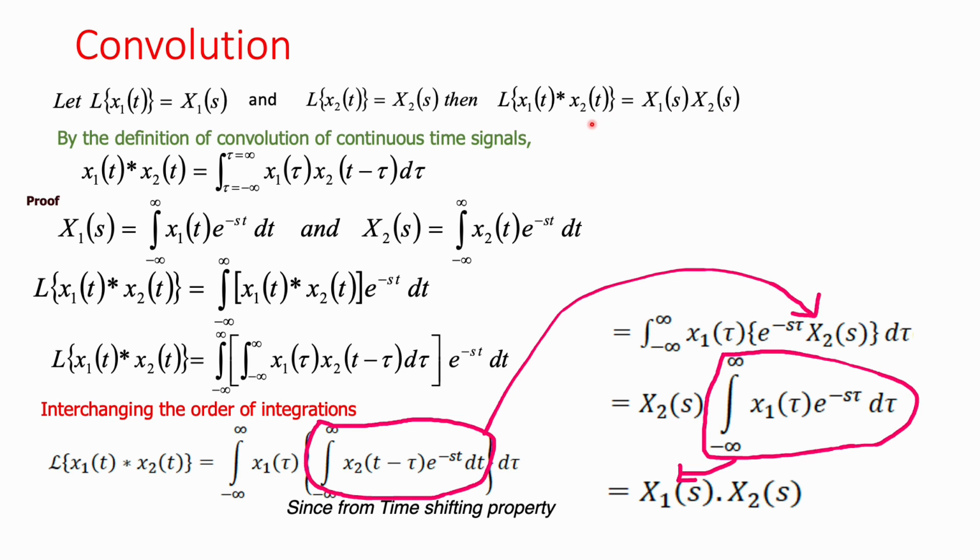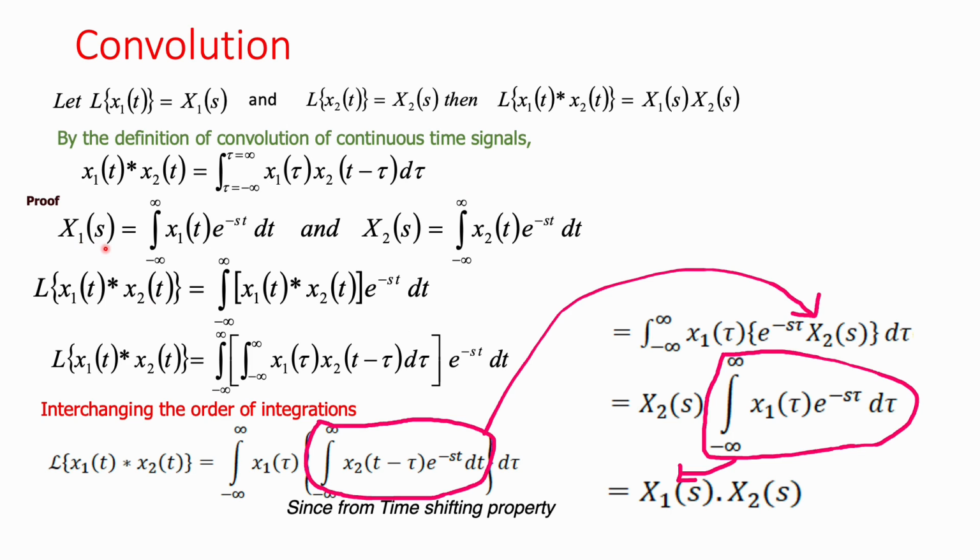Convolution of two time domain signals is equal to the product of two frequency domain signals. That is the statement of convolution. Now we all know the convolution formula, x1 of t convoluted with x2 of t is equal to this. This is the formula for the convolution. Let us see the proof part.